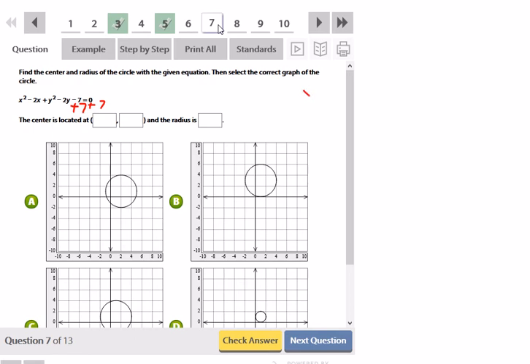So that would then give me x squared minus 2x. Let me even change the colors for you. Plus y squared minus 2y, and then that equals 7. So the way that you complete the square is you have to get the term that is linear, like the negative 2x.